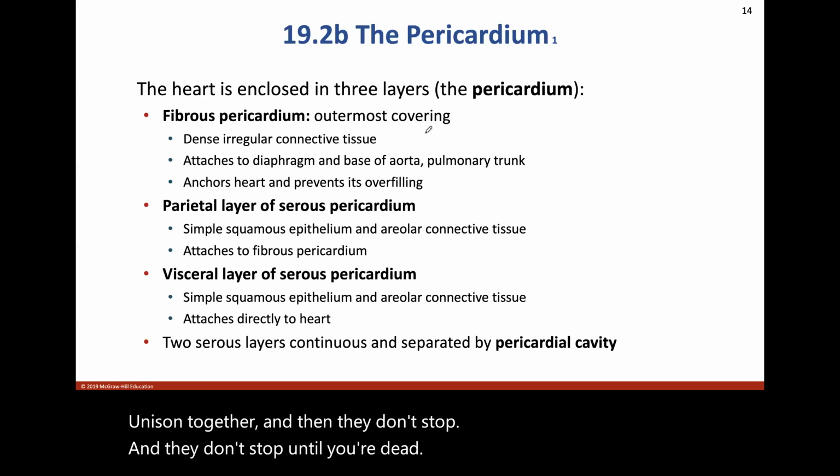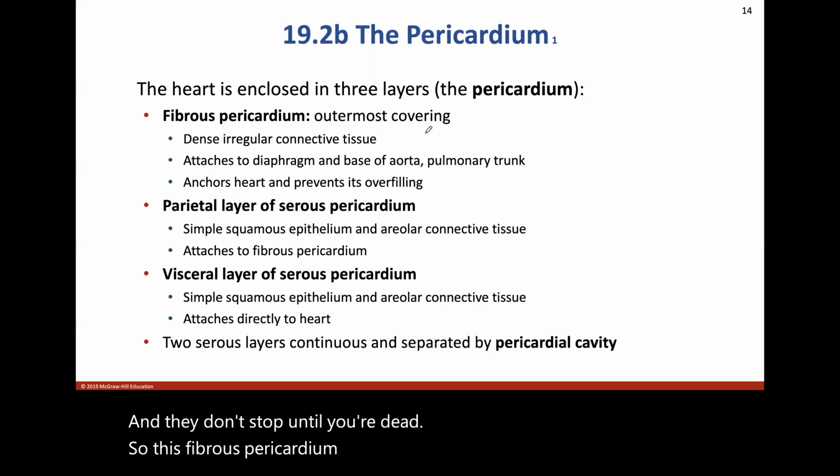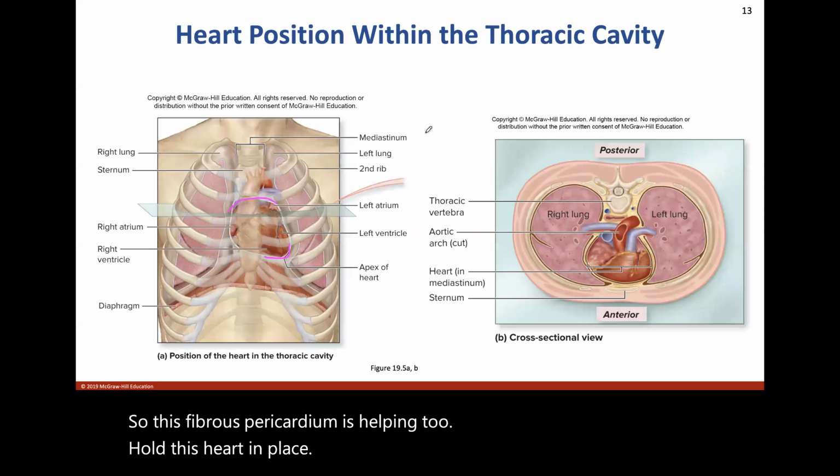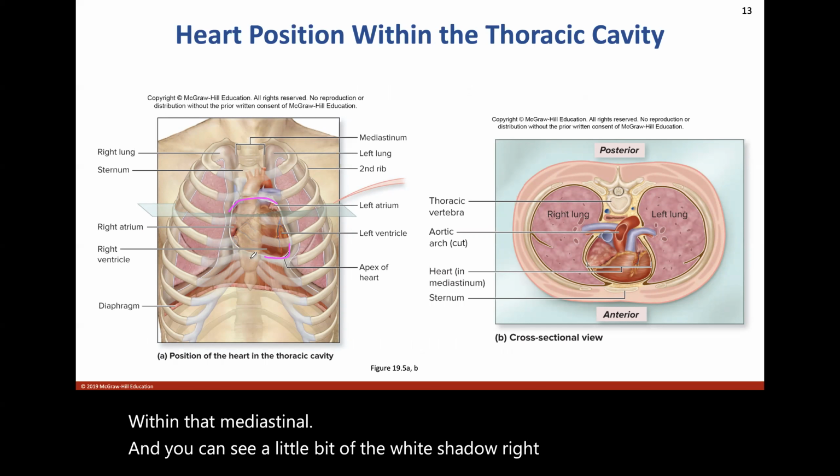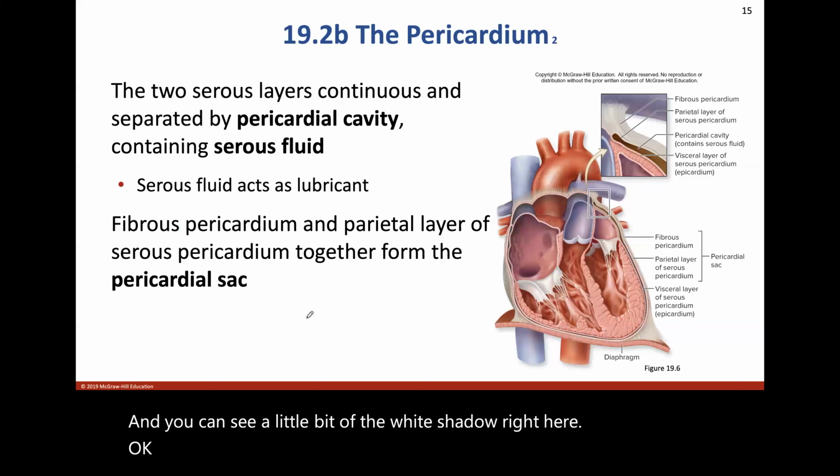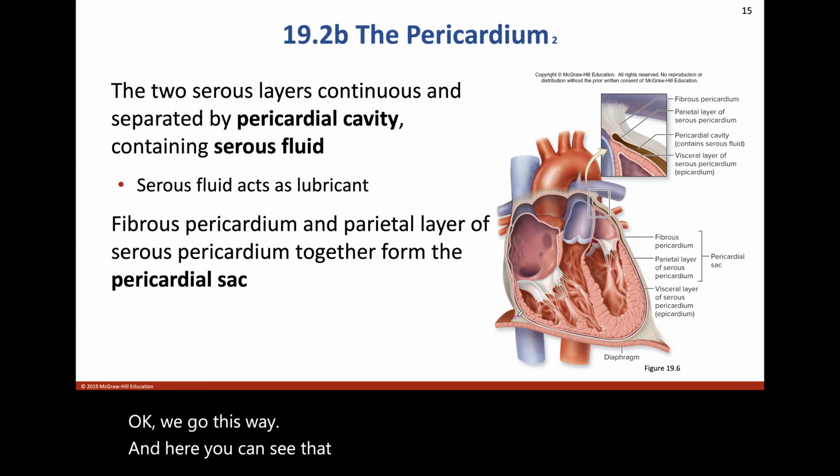So this fibrous pericardium is helping to hold this heart in place within that mediastinum. And you can see a little bit of the white shadow right here. Okay, let me go this way. And here you can see that fibrous pericardium right there. You can see it all right there.